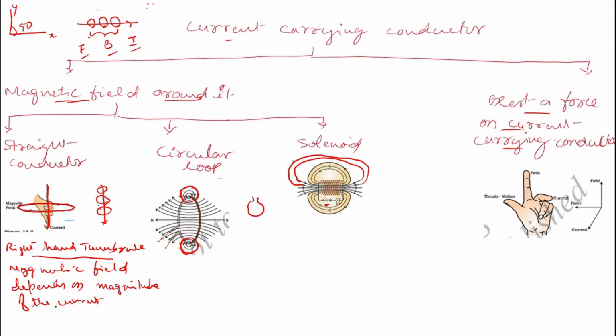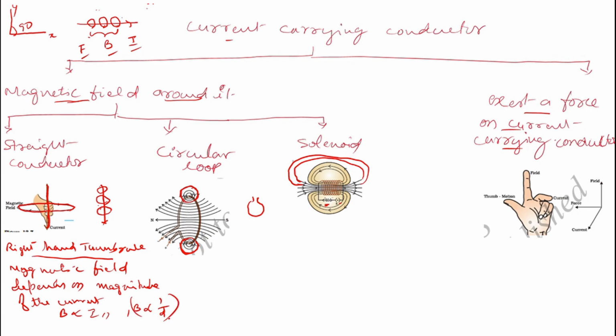That means what? B is directly proportional to I. Suppose if you increase the current, the magnetic field will increase. That is the meaning. And the distance, if you increase the distance, that means B is inversely proportional to 1 by D.